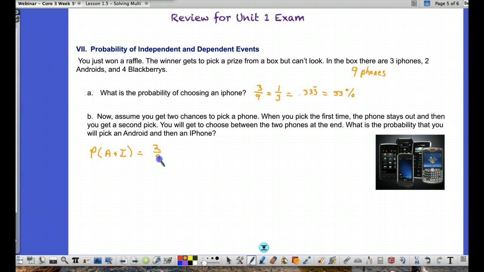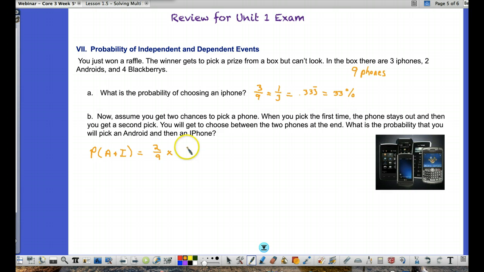And anytime we are saying and, we multiply. Now we want to know the probability that your second pick is an iPhone. Well, we didn't pick an iPhone on the first one. We picked an Android, right?